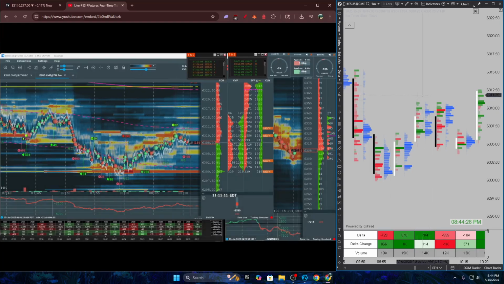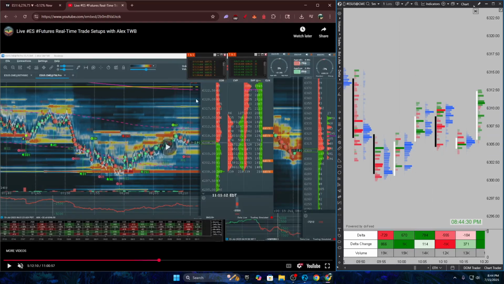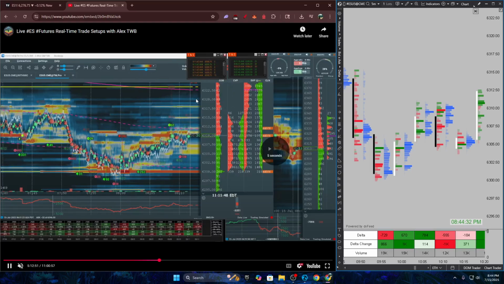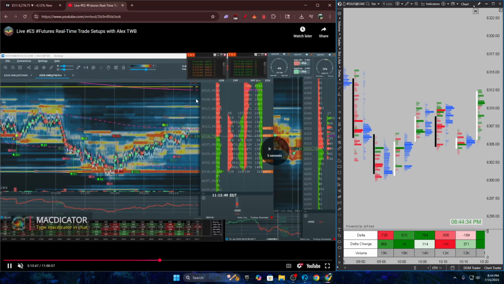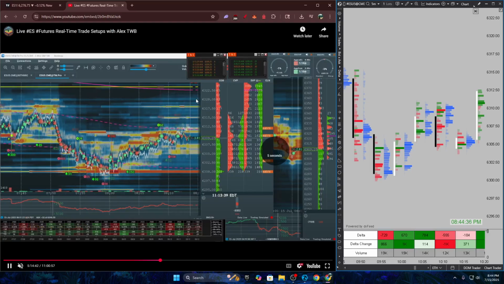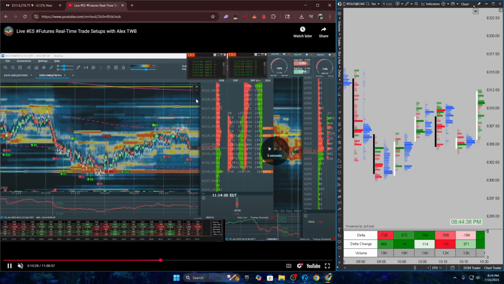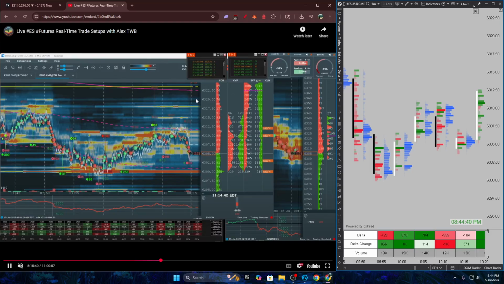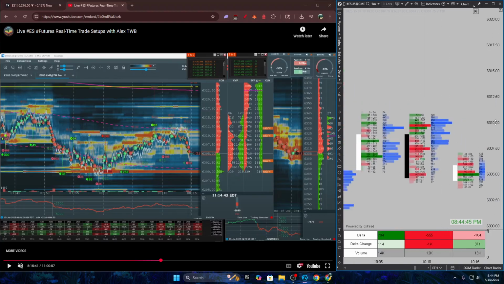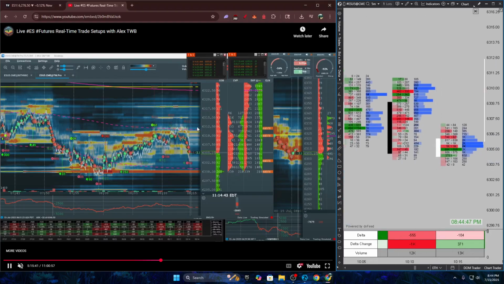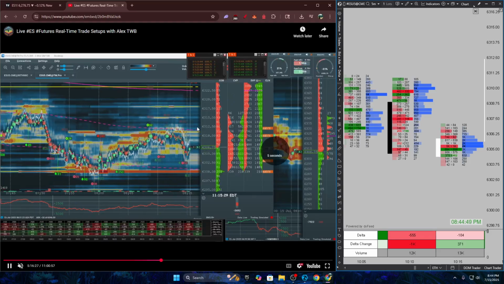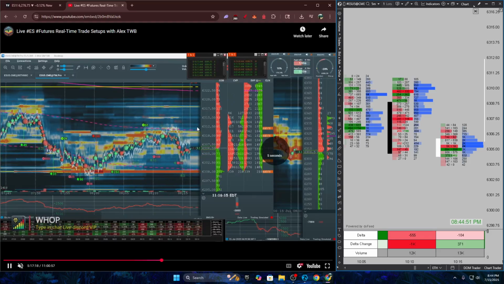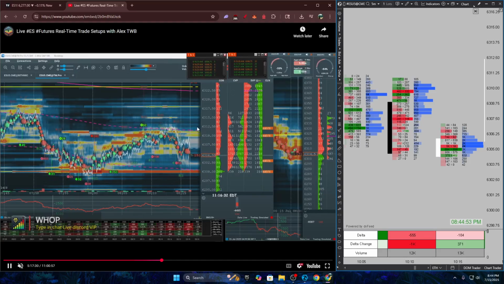Maybe we're seeing buyer absorption here, which is pushing those selling aggressively down. Now we're back down to this level, 6305. Down here with aggressive selling. Oh, we pushed down below it. Very aggressive selling.